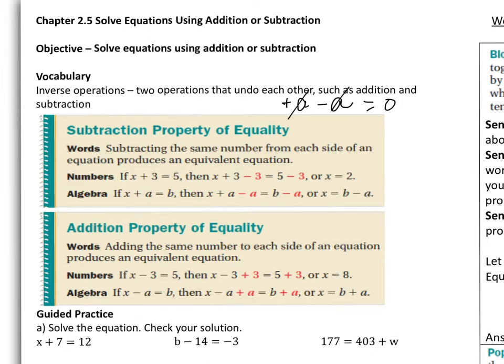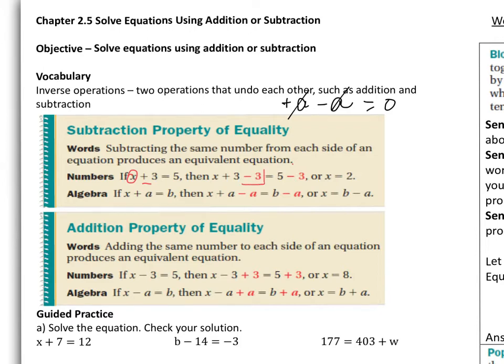Okay, the subtraction property of equality. In words, subtracting the same number from each side of an equation produces an equivalent equation. So, for example, in numbers, if x plus 3 equals 5, then to solve for x, I would take the opposite of positive 3 and subtract that from both sides of the equation.